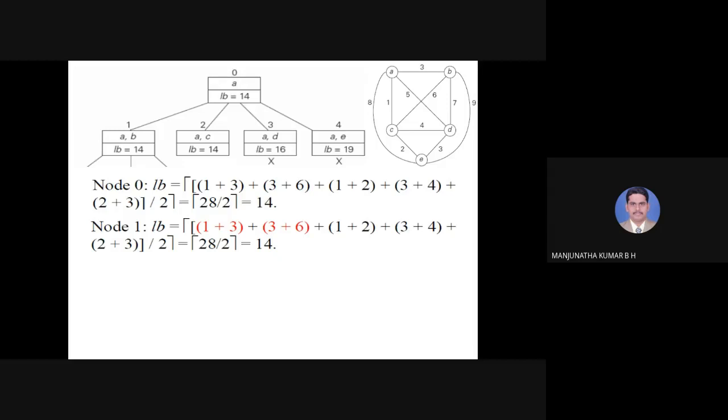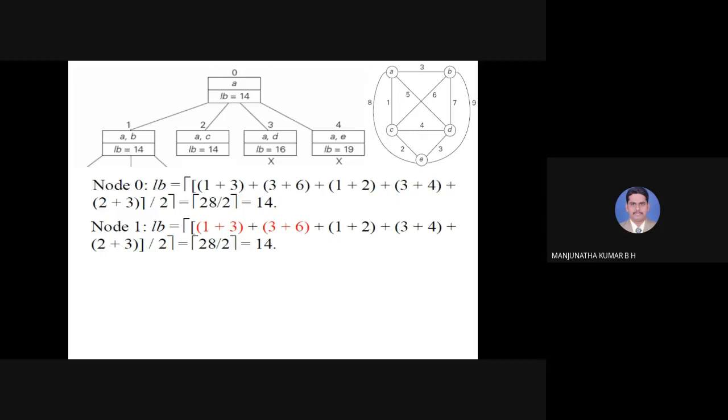Now observe the given input graph. For A, what is the smallest distance from A? 1 plus, and another distance should be the distance from A to B. Don't forget that one. A to B is 3. The previous term was also the same, 1 plus 3 only. Next, I have to write the sum distance for B. Observe B, take the smallest distance from B, that is 3, plus the next term.